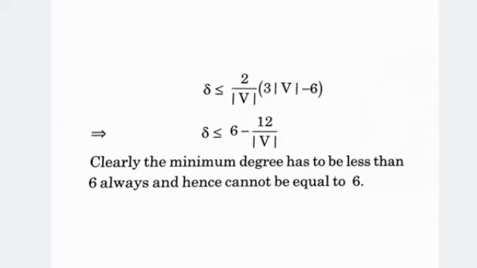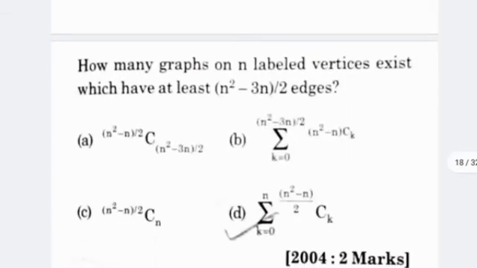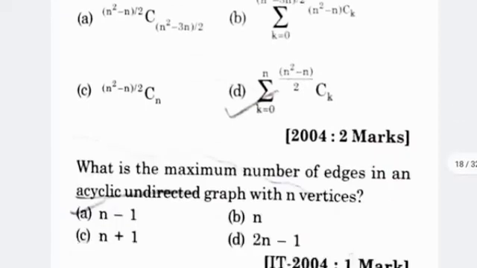Now come to the next question. How many graphs on n labeled vertices exist which have at least (n square minus 3n) by 2 edges? The correct answer is option D, summation k equal to 0 to (n square minus n) by 2 of C k. Now come to the solution of this question.